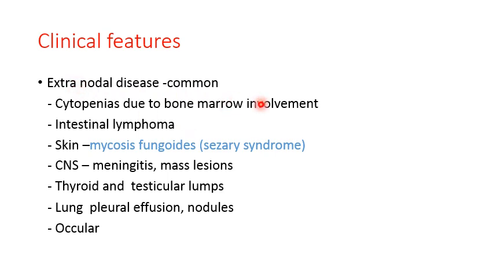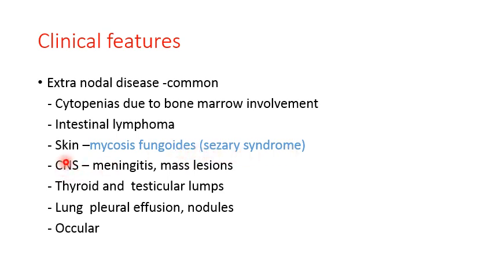They can cause bone marrow involvement, so they can present with cytopenia. They can cause various GI symptoms like chronic diarrhea, intestinal obstruction because of the involvement of the intestinal lymph node group, which is called intestinal lymphoma. They can cause skin involvement, which might come in an MCQ sometimes, even in undergraduate or postgraduate exams: mycosis fungoides or Sézary syndrome, right?